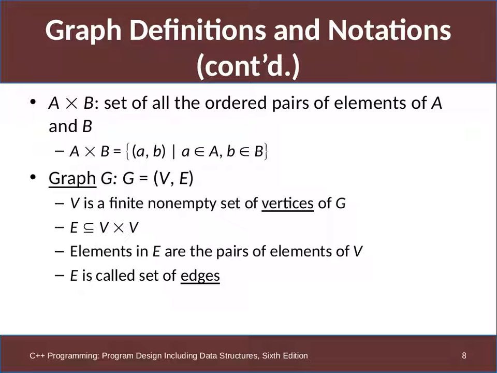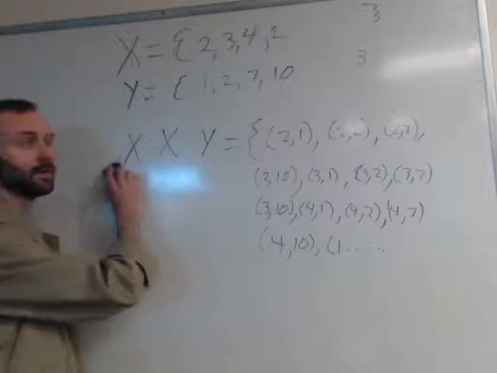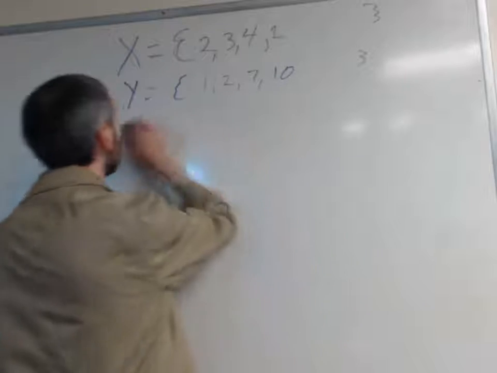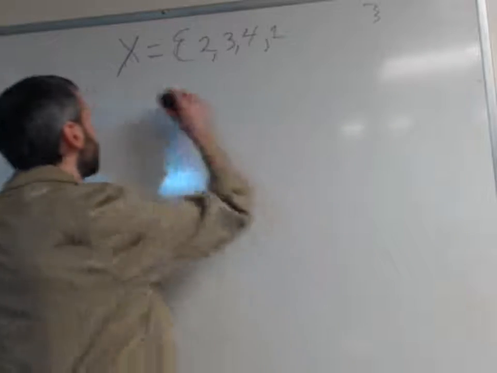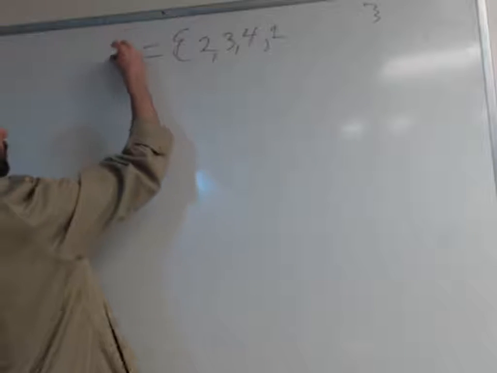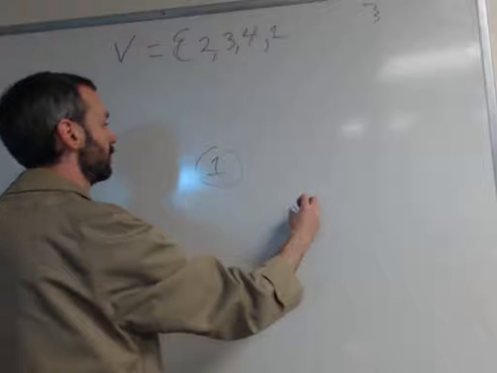So, going back to our picture, I'm going to erase this. Our vertices, we'll say are those. So let's go ahead and have 1.